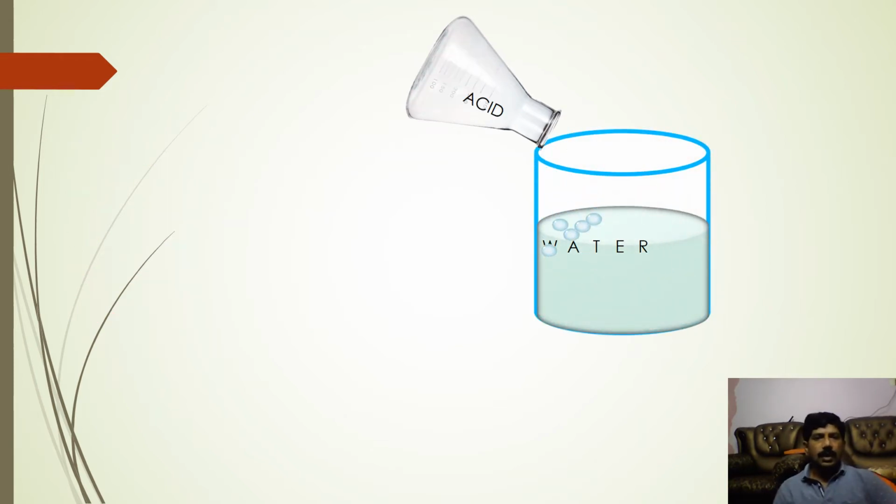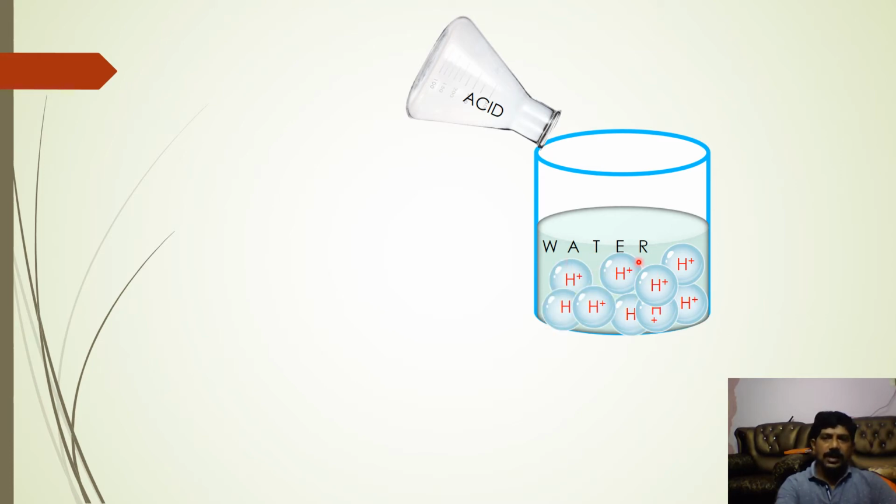Children, let us discuss what is a strong acid and a weak acid. You observe this animation, children. See this. I have taken some water in a beaker. I am adding an acid. When I added acid, it completely dissociates into ions. More and more H plus ions are formed here.